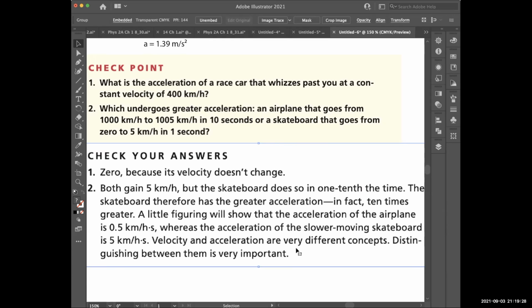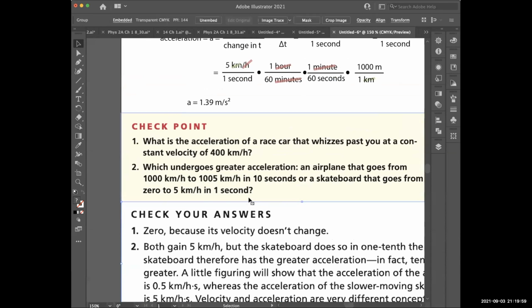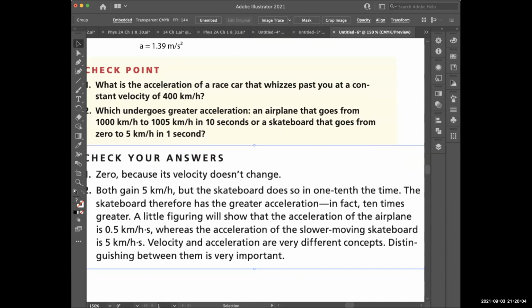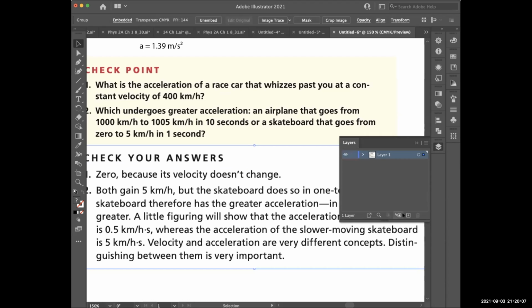As the book says, velocity and acceleration are very different things. Distinguishing between them is very important. So, acceleration is the change in velocity over change in time. Let me just do a new slide here.